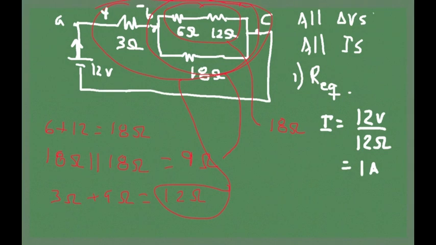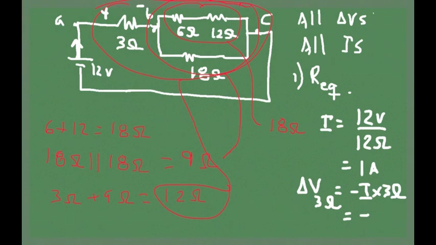And as you move across that resistor, your difference in potential is going to be the current times the resistance with a minus sign. So delta V at the 3 ohm resistor is going to be minus, Ohm's law, right? The current going through that resistor, which is the same as the current going through the battery, multiplied by 3 ohms, which is the resistance of that resistor. So that is minus 3 volts.